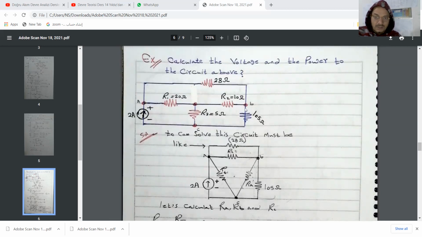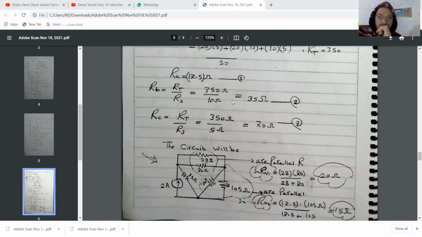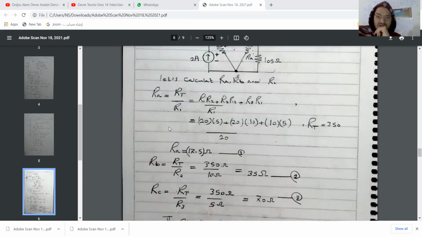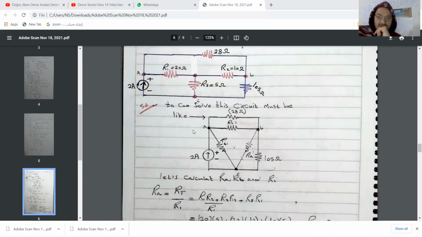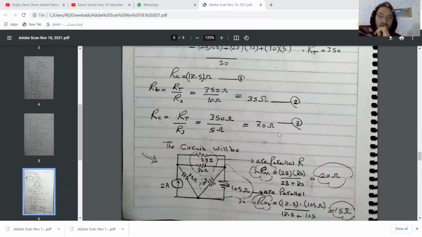RB equal the total divided by R2, here equal 35 ohm. RC equal the total RT divided by R3. 350 divided by 5 ohm equal 70 ohm, to be like that.